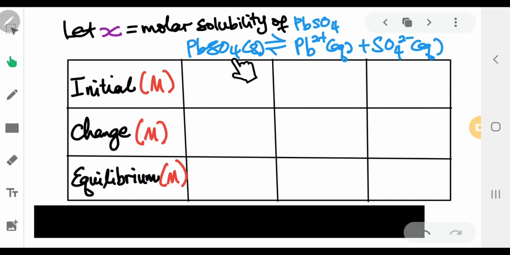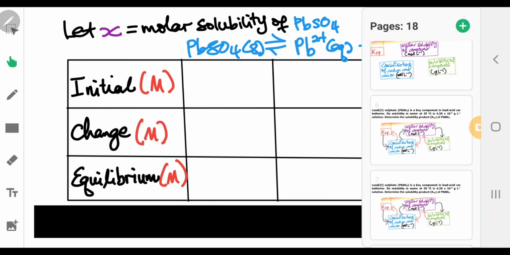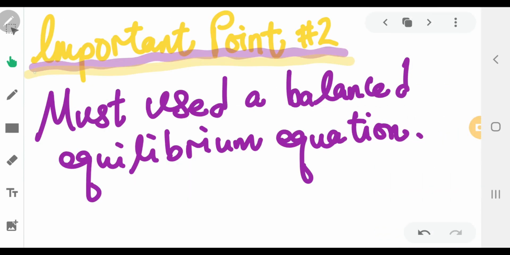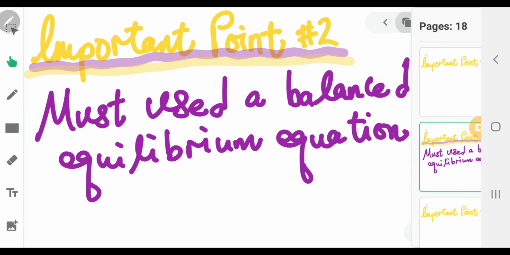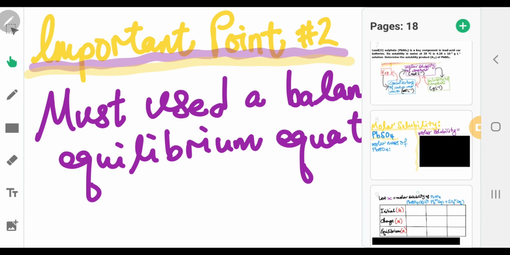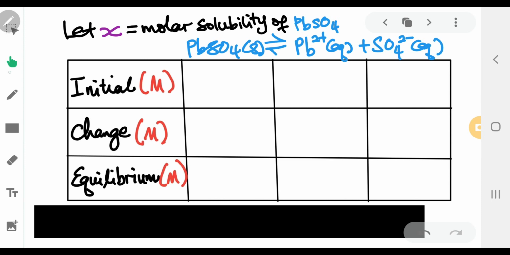Remember, important point number 2, if we go back to the important point that we have talked about just now, it is essential for you to use the balanced equilibrium equation because we need to write the correct Ksp expression from the balanced equilibrium equation. So in the ICE table that we have made right here, you have to make sure that the equilibrium equation you have on top is balanced. Now I have a balanced equilibrium equation, therefore we're good to go.